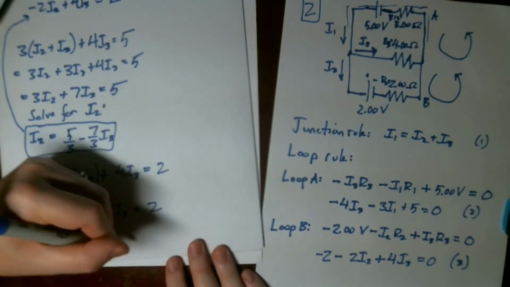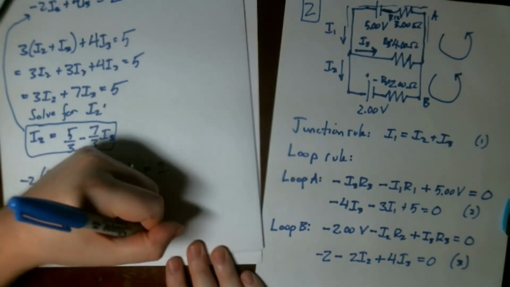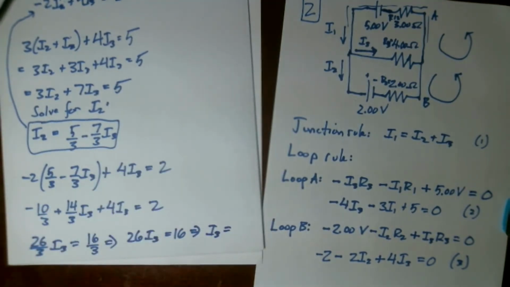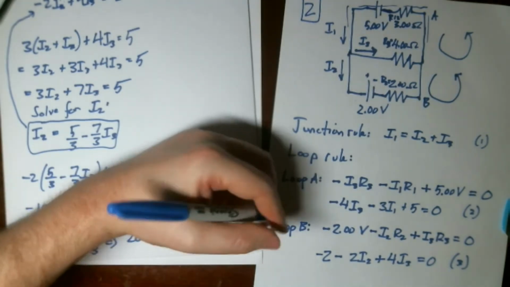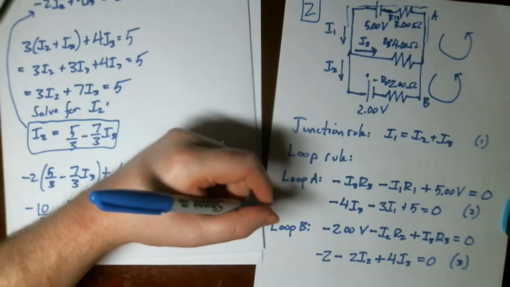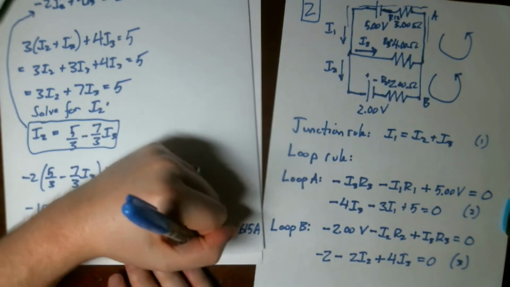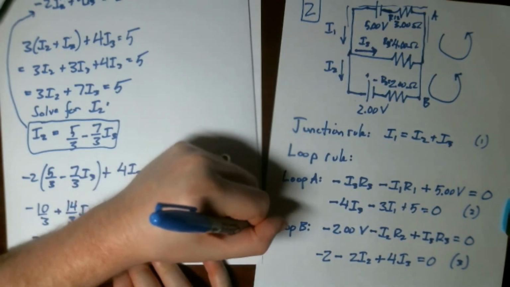Or 26 I3 equals 16, and therefore I3 equals 0.615 amps. So we've got a current. We now know the current moving through the middle branch of this circuit.